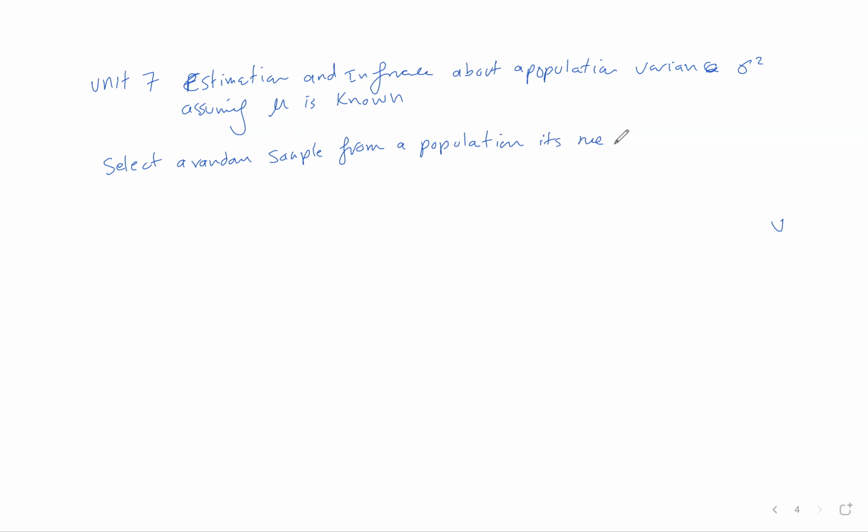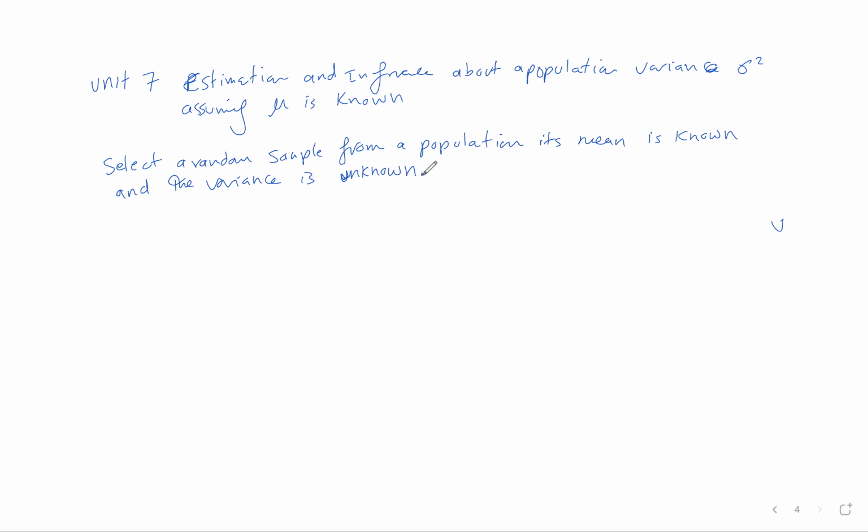Its mean is known and the variance is unknown. There are some applications in these two cases, Unit 6 and Unit 7, but it's not much.